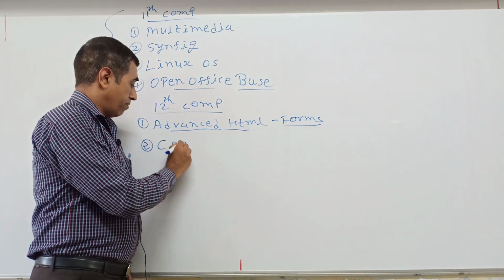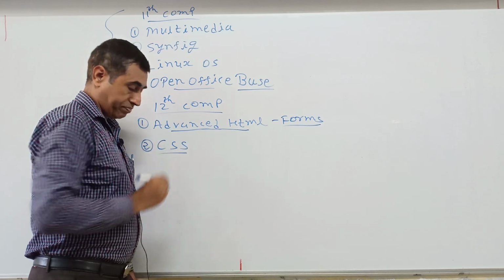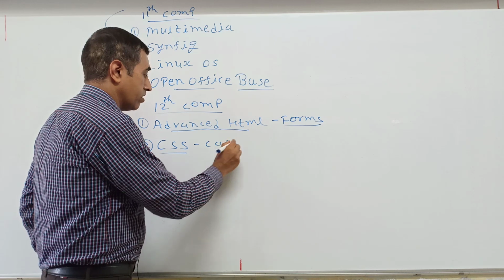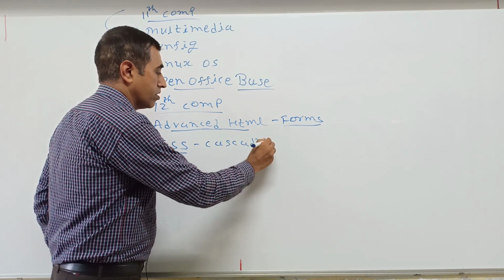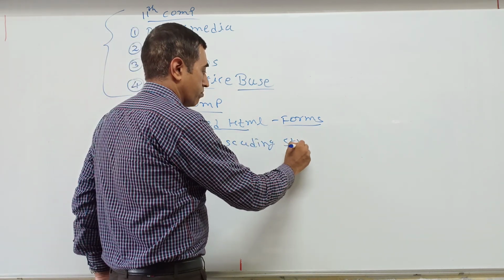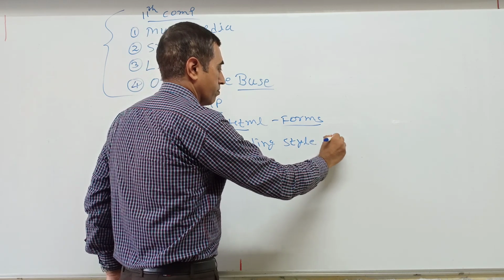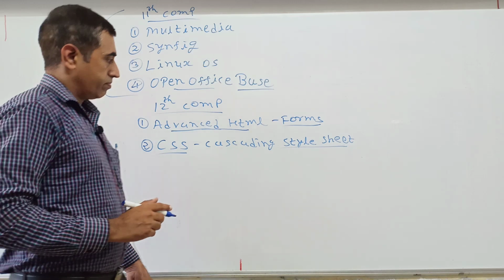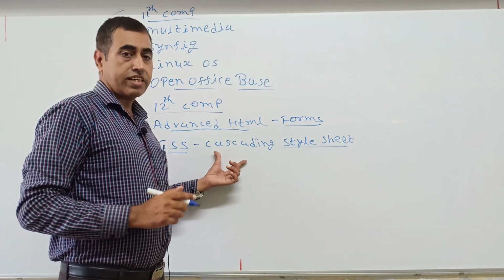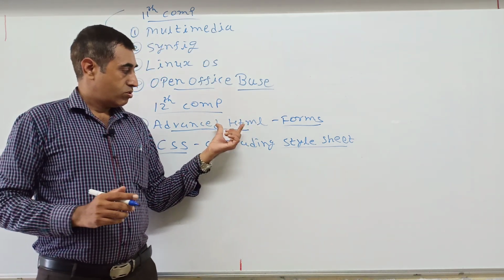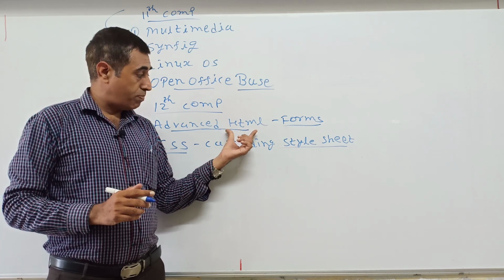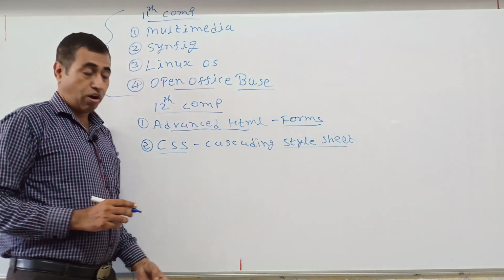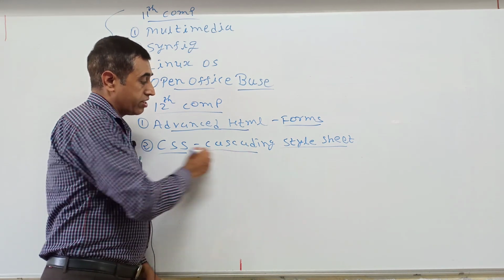Then there is a program named CSS. CSS means cascading style sheet. This CSS helps to develop various types of web pages in color mode. So we can give various formattings using CSS.